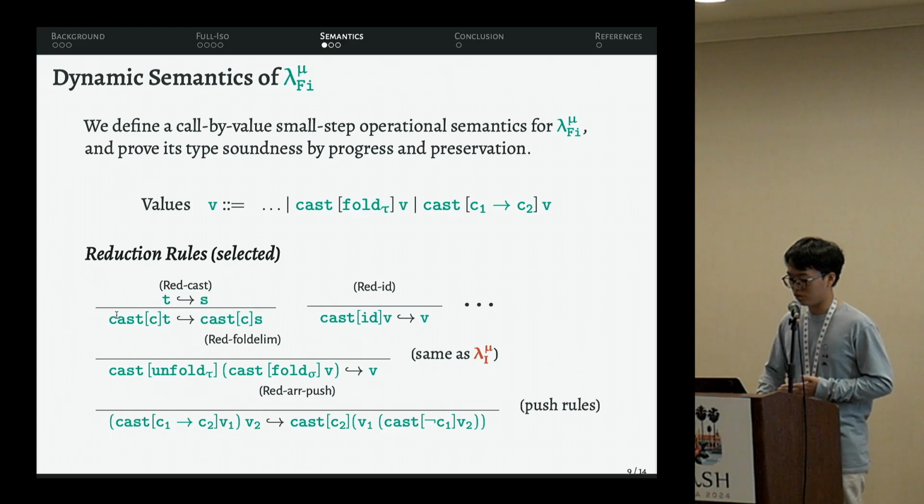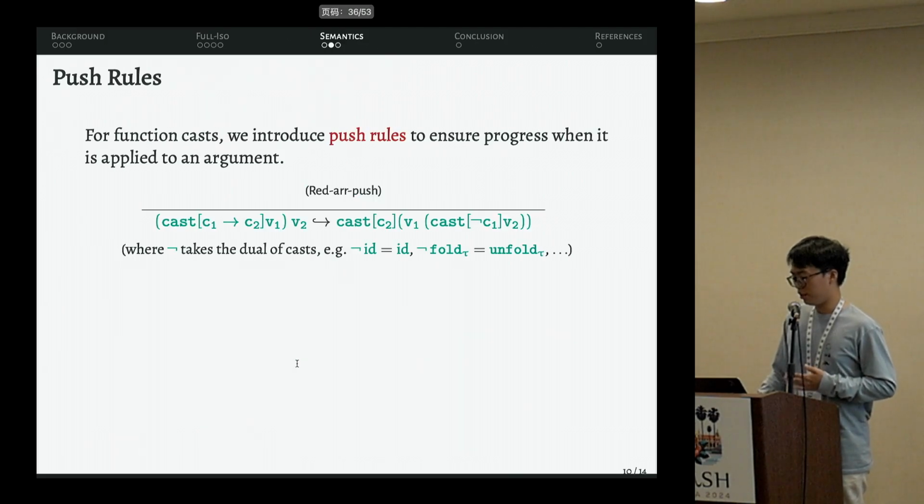For cast expressions, the inner expressions are first reduced, and identical casts are eliminated. Just the same as the iso type system, you can cancel pairs of unfolds and folds to get the value if you have this in your computation. The more interesting rule is the push rule for functions.